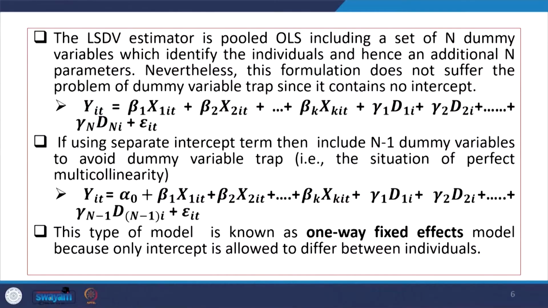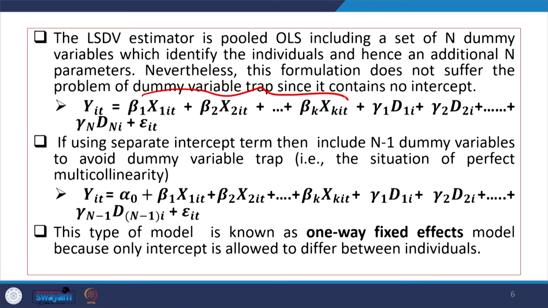So, the dummy variable trap is avoided depending upon the alpha content we are taking, like in the first equation, Y_it is equal to beta 1 X_1it and so on.